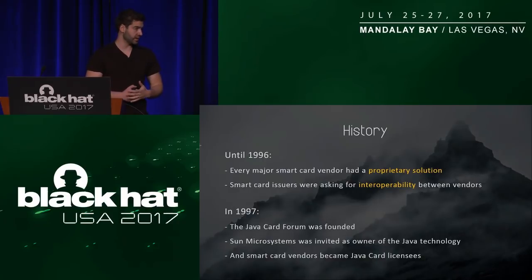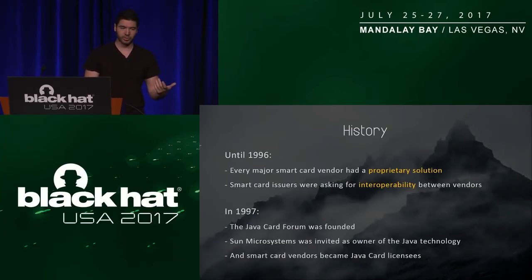And then indeed this happened in '97. They founded the JavaCard Forum. And they invited Sun Microsystems at the time. They did that because Sun Microsystems was the owner of the Java technology, and they wanted to run Java on smart cards.